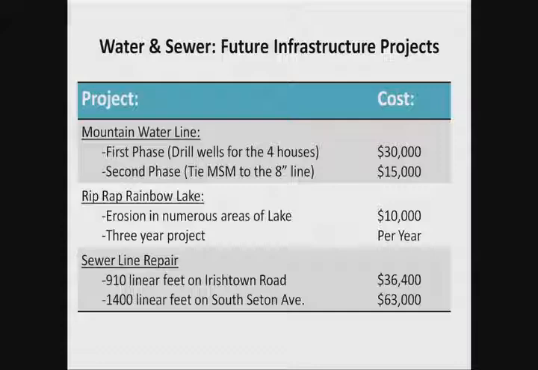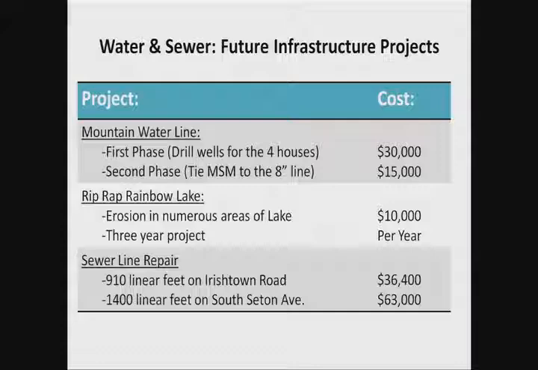So the plan would be to drill wells for those 4 houses and take them off the town water. I know it's been done in the past. Staff estimates that the cost of that is $30,000.